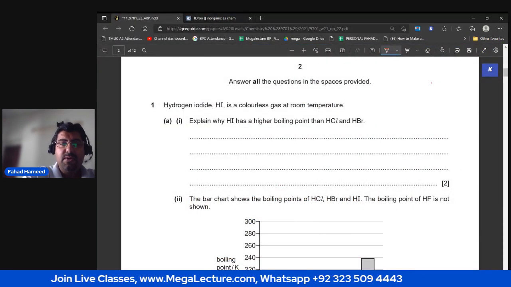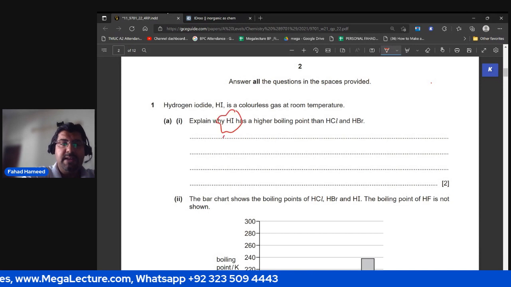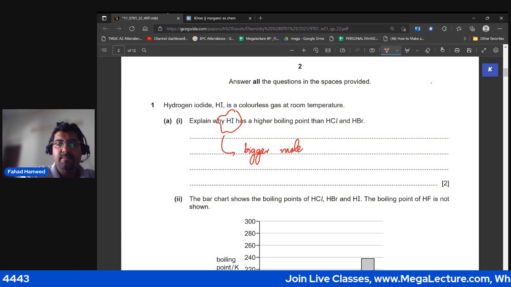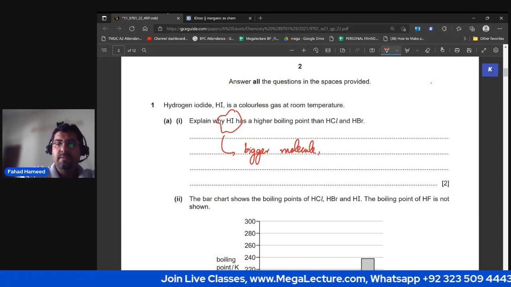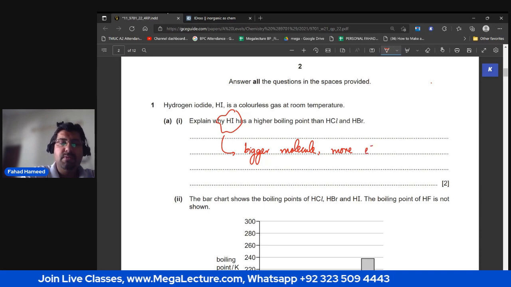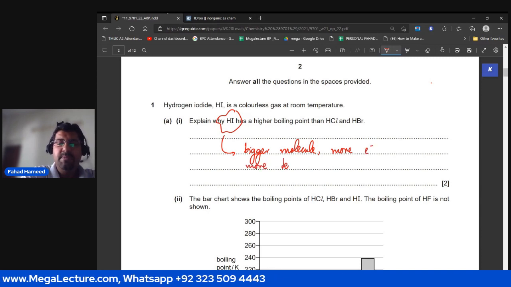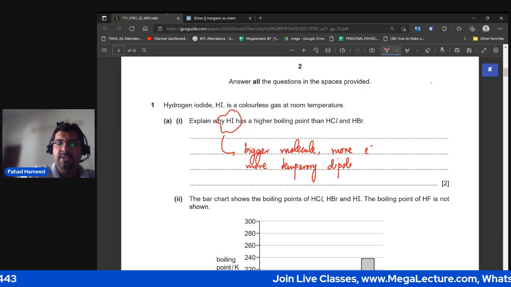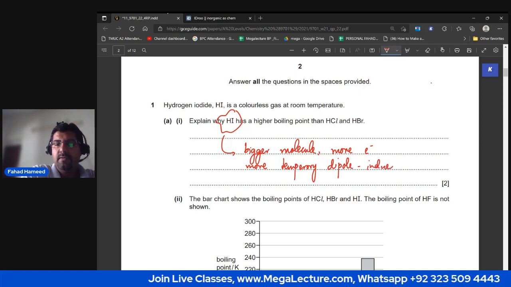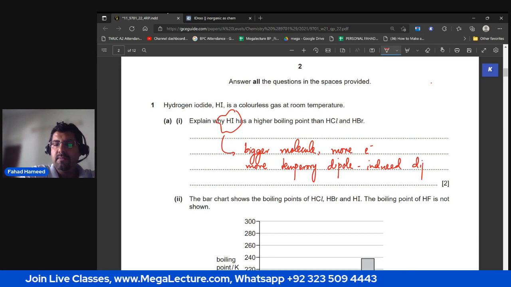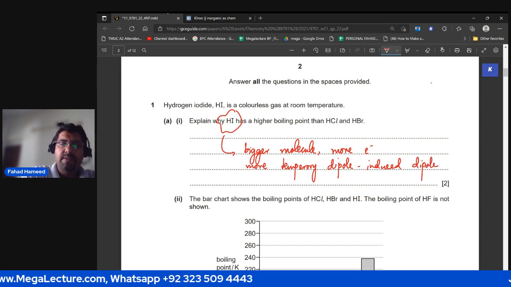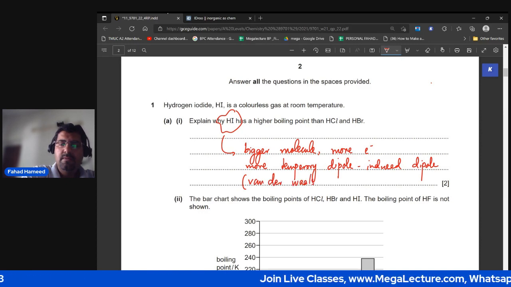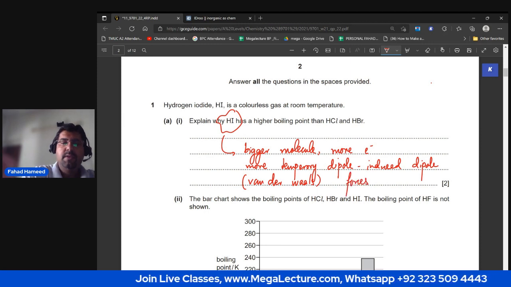So this is what you're going to quote: it's a bigger molecule, it's got more electrons, which is why there's going to be more temporary dipole induced dipole interaction, or van der Waals forces. So that's for the first one.